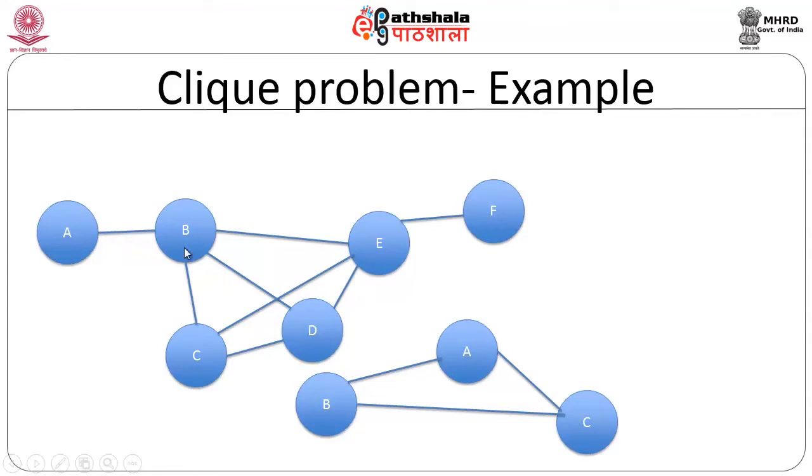There is also a clique between B, C and D, and also C, D, E. These are cliques of size 3, but in the clique problem we have to find the maximum clique, the clique of maximum k. In this problem the maximum clique size is 4, involving the vertices B, C, D and E.